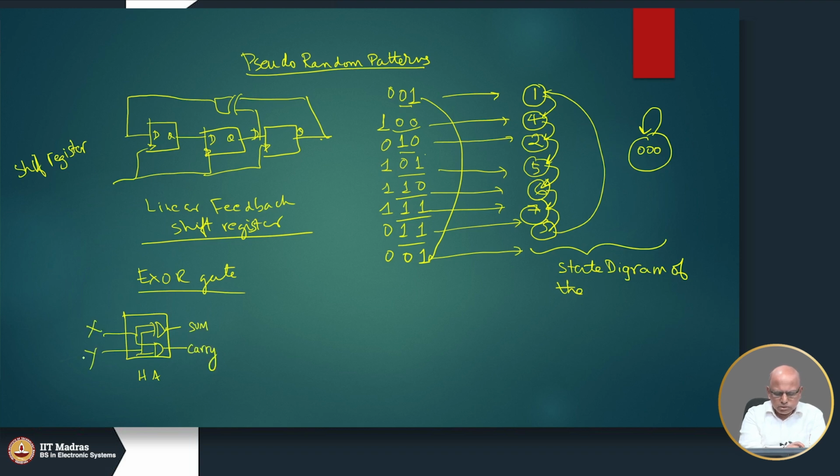So, if you do not worry about the carry, the sum is nothing but a modulo 2 sum. 0 plus 0, the answer is 0. 0 plus 1, the answer is 1. 1 plus 0, the answer is 1. 1 plus 1, the answer is 0 because the carry is ignored.